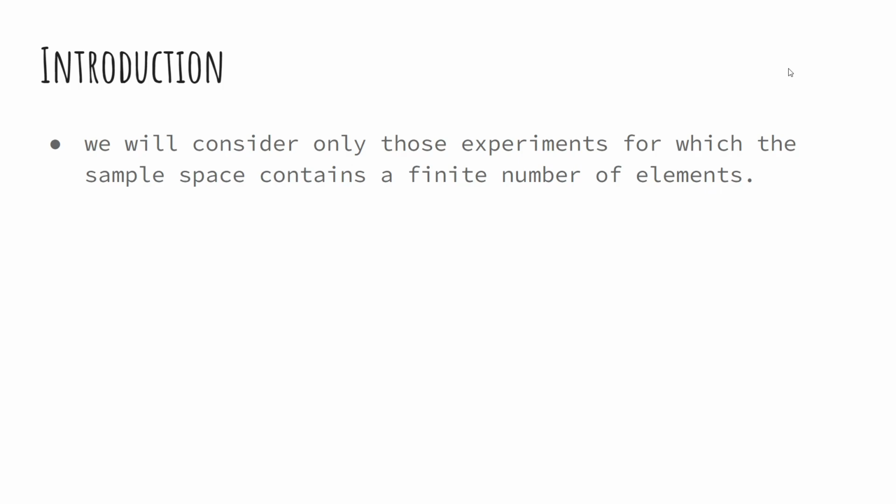Even the set of natural numbers is an infinite set. So if you talk of picking an arbitrary natural number, that will be an infinite set. Such large or infinite sets we won't be considering. We'll be considering only finite sets, where the total number of elements in the sample space is known to us. This is just done for the sake of simplicity.